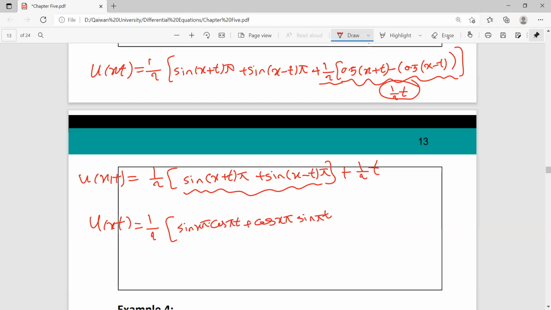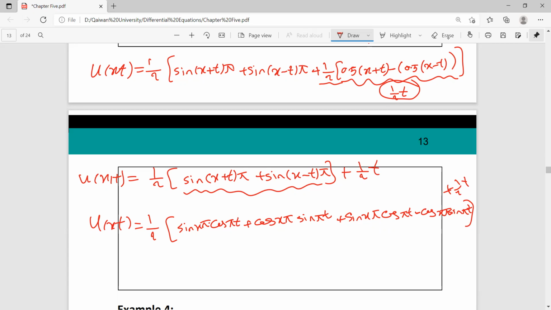Then for the negative one, it's the same. It's plus sine x pi cosine pi t minus cosine x pi sine pi t, plus a half of t.